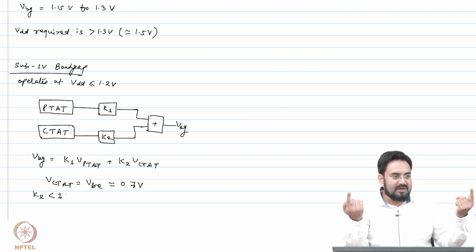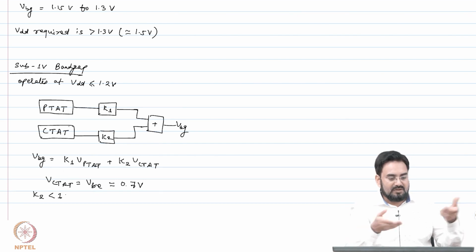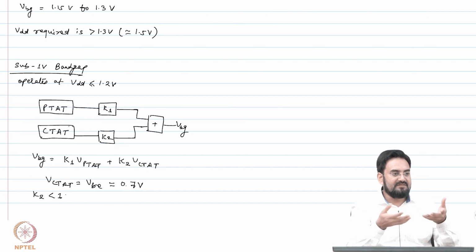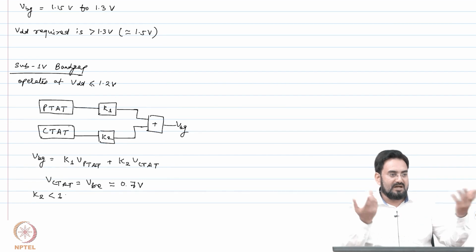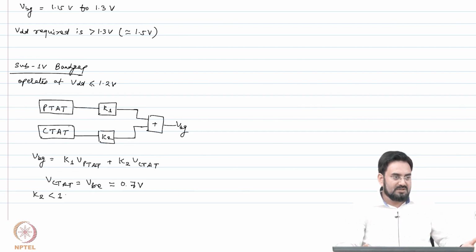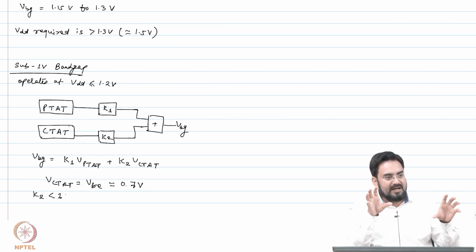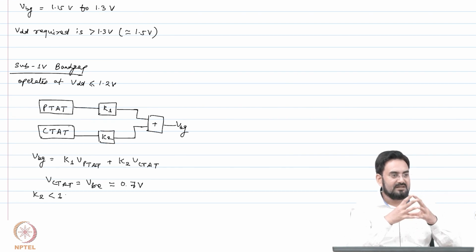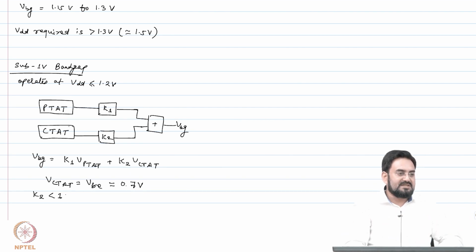It is not that only one, because in the other case you had a VB which is fixed. So, the K scaling factor will always be fixed depending upon your R1, R2 and M you choose, but that R1 by R2 multiplied by M factor will not change. But in this case, if you change the K2, then K1 requirement will also change.